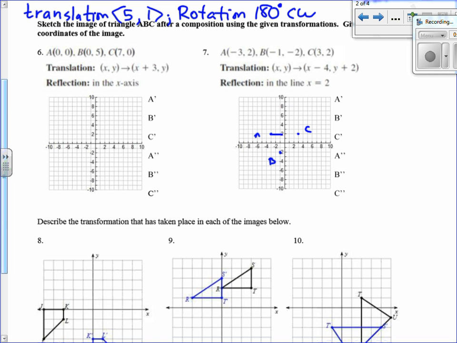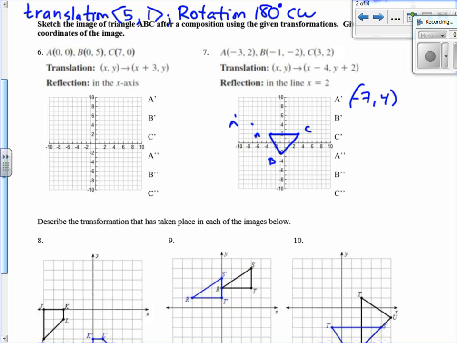Okay, so the first thing you do is graph your original one. And then here's A prime. To get to the new one, you have to shift everything left 4 and up 2. So I'm going to go left 4, 1, 2, 3, 4, up 2. So that's A prime, which is -7, 4. Everybody else get that?